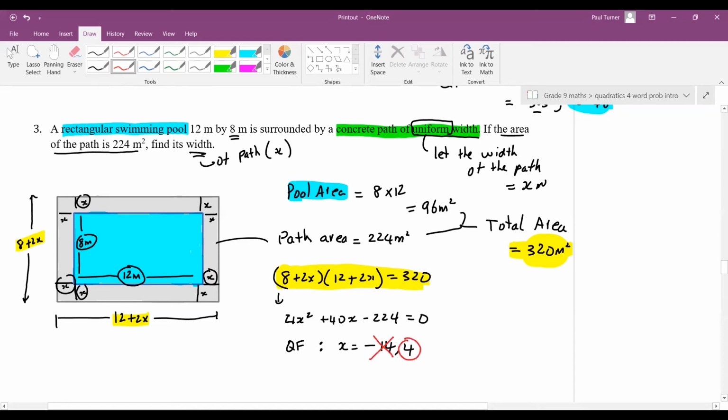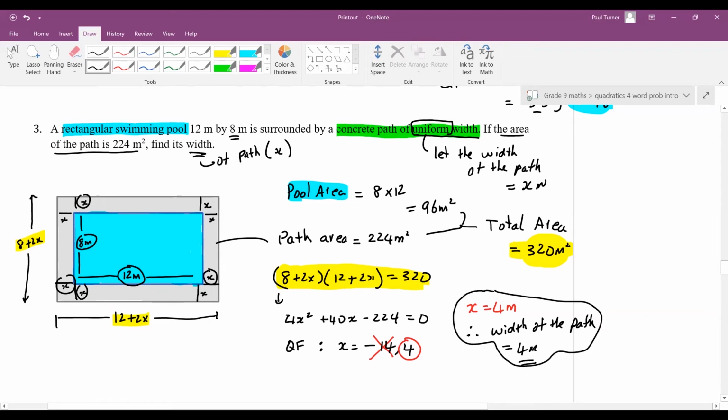So your only answer is x equals 4 meters. So that's the width of your path. Therefore, width of the path equals 4 meters. There. So that's your final answer there for that one.